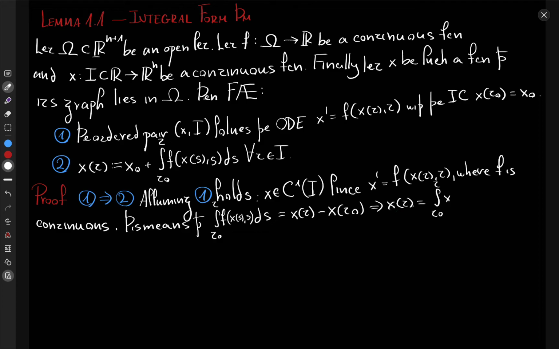We get that x of t is equal to the integral operator with the input t of f of x of s ds plus the initial condition, which is precisely what we wanted, so that's okay. That's the first implication, and now we shall prove equivalence. So 2 implies 1.